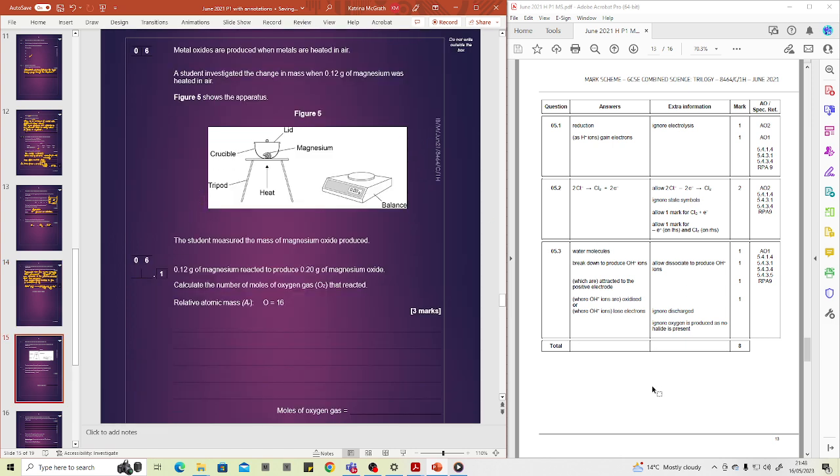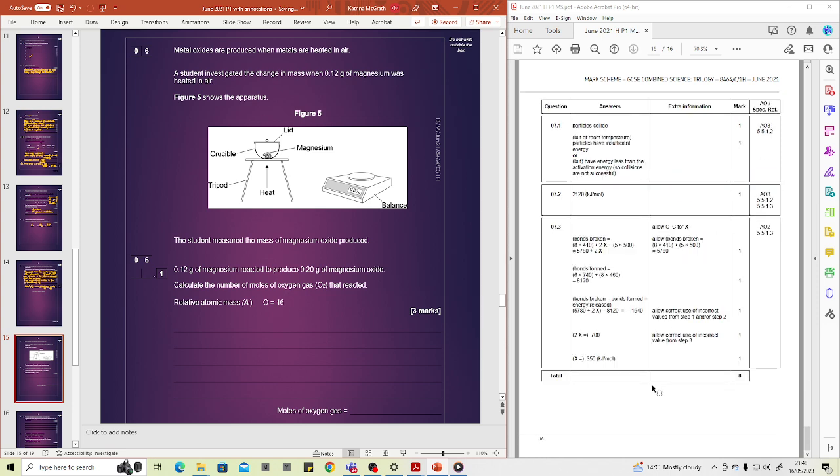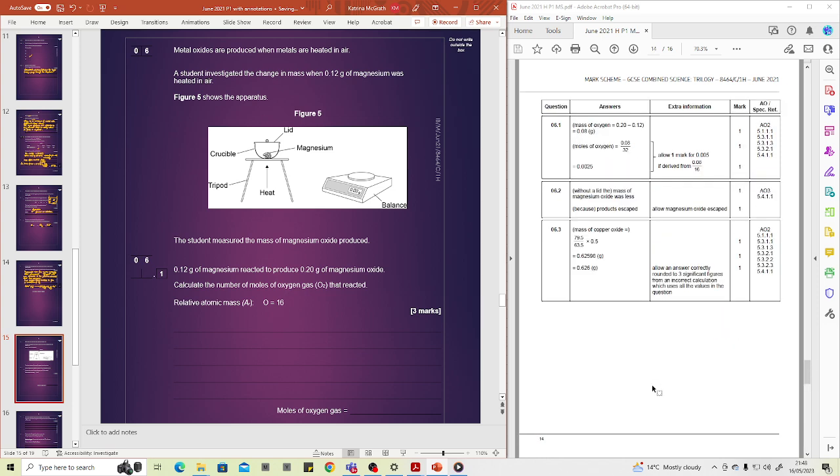Okay, question 6, we've got a conservation of mass question, so we're going to do some calculations about moles. A student investigated the change in mass when 0.12 grams of magnesium was heated in air. So here is the magnesium, and it's going to form magnesium oxide.